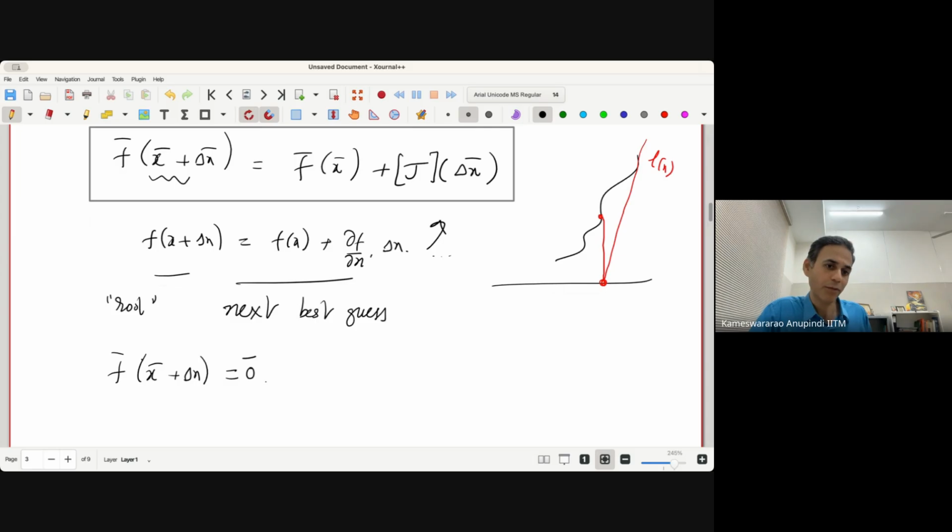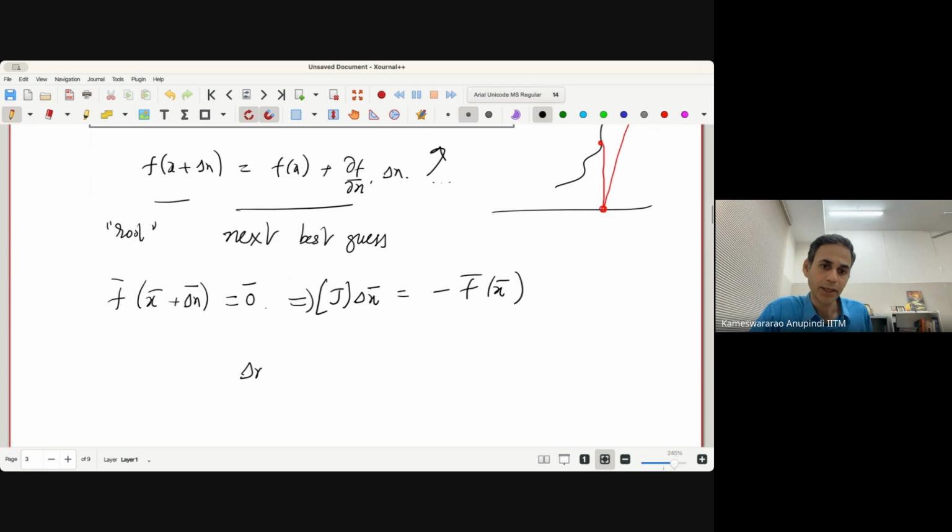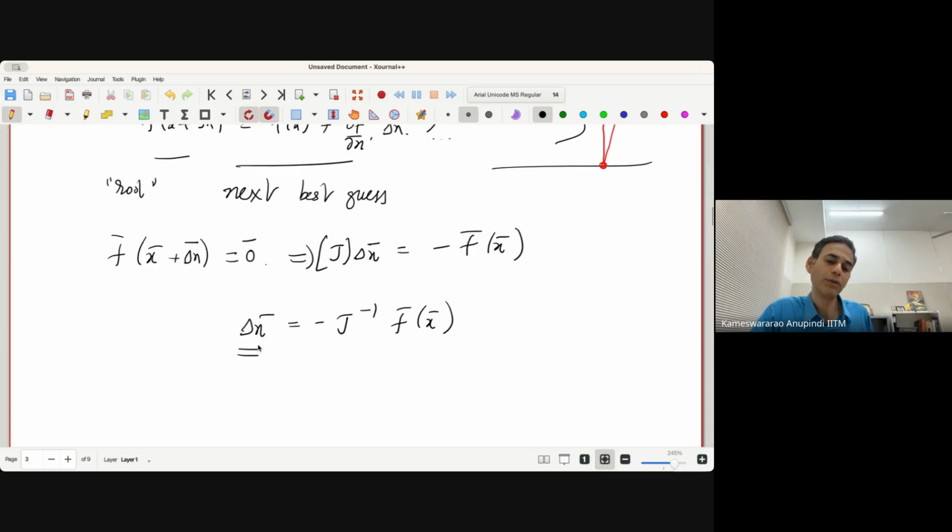That means my f bar of x bar plus delta x bar equals 0 bar, which basically means that from here, f bar of x bar plus J times delta x bar equals 0, so delta x bar equals minus J inverse times f bar of x bar, right? So this is the delta x bar, which is the change in the value of these vector quantities.